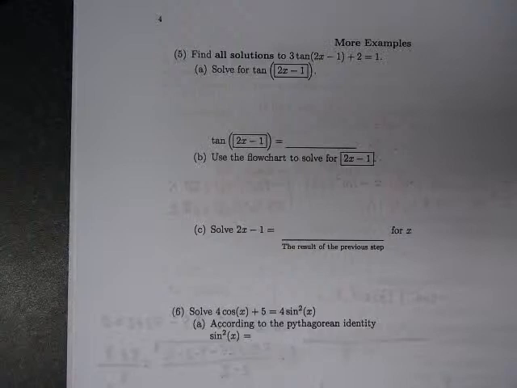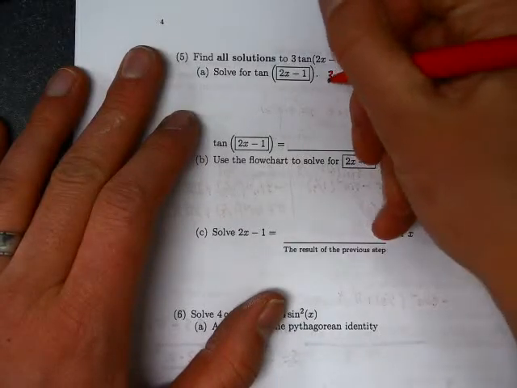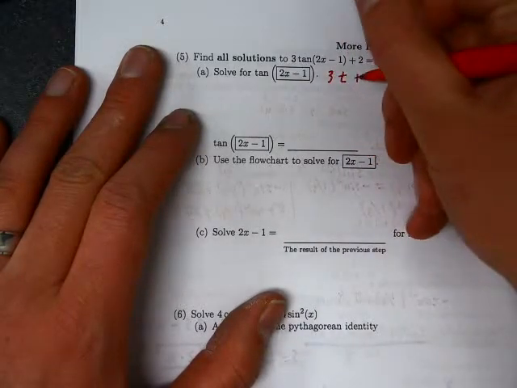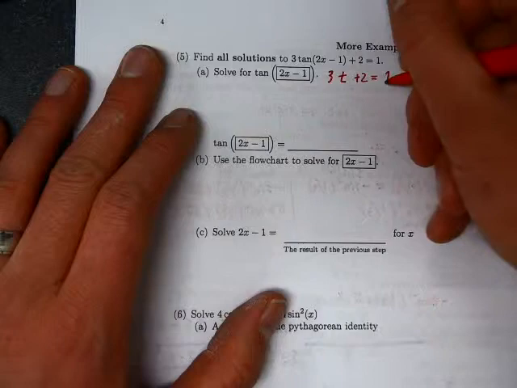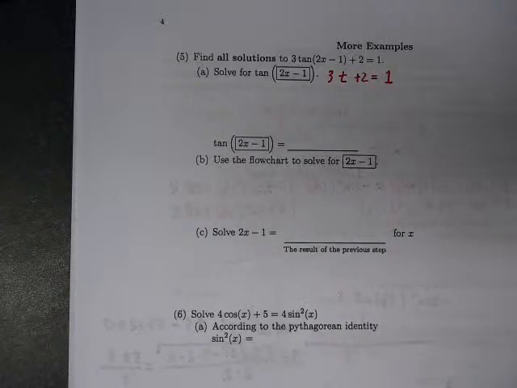So let's try to solve the equation that 3 times the tangent of 2x minus 1, plus 2, is equal to 1, with parentheses as needed. So step 1, figure out what tangent of that stuff is equal to. Let's try to solve this equation: 3t plus 2 is equal to 1. And of course, that's already something you know how to solve.